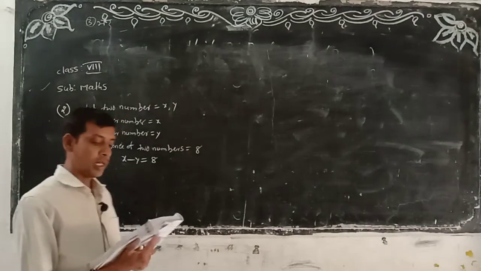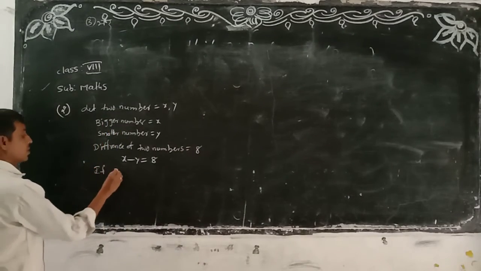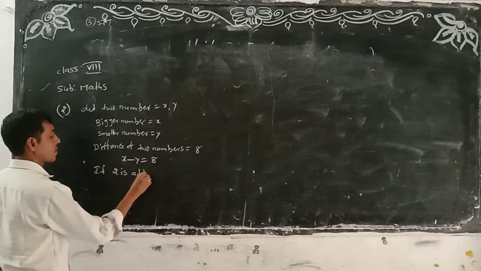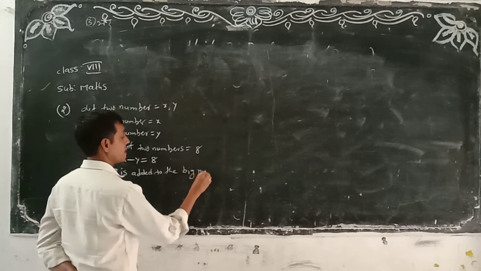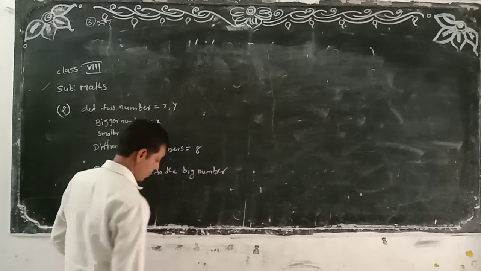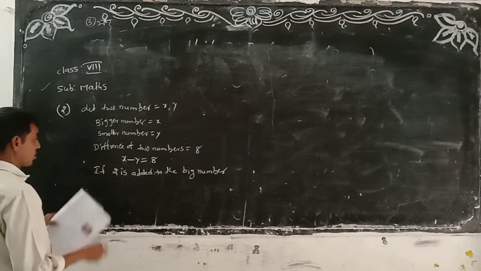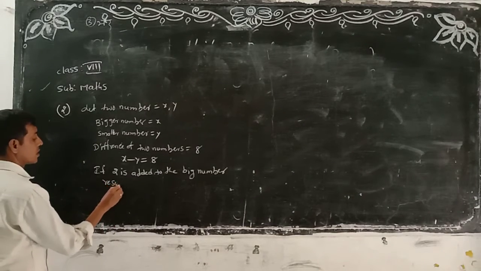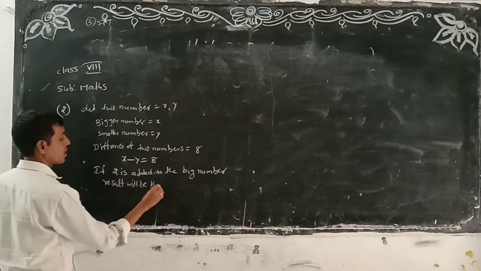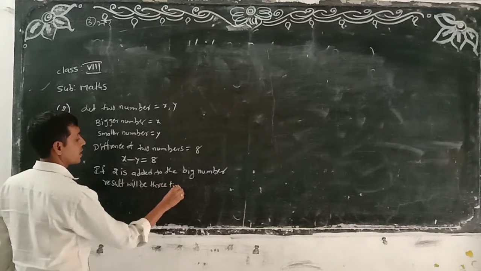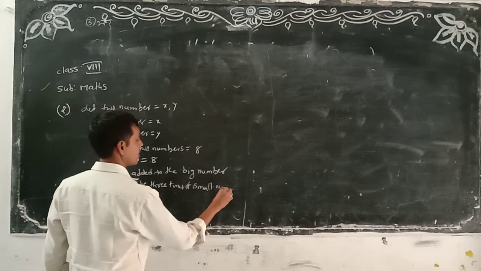Next, if 2 is added to the big number, the result will be 3 times the small number.